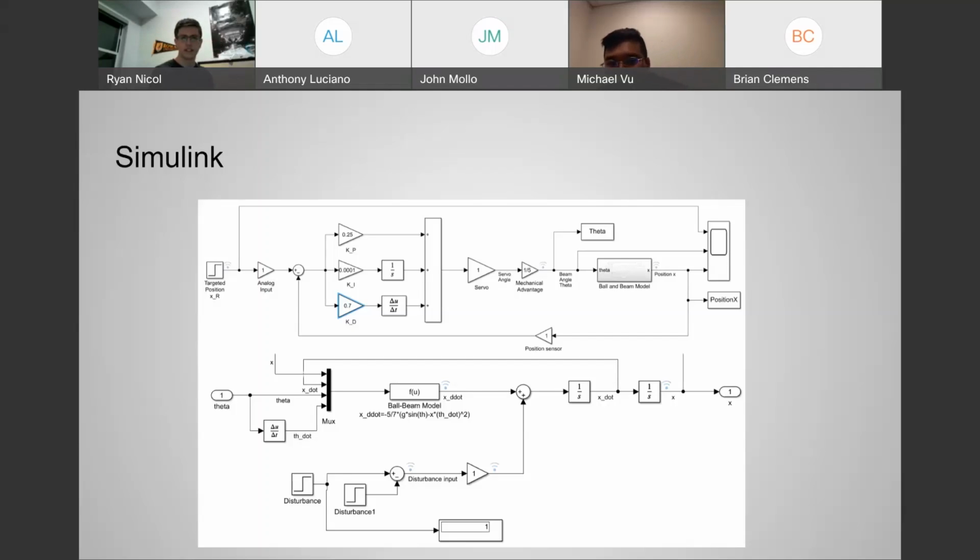And on the bottom, you can see the subsystem for the ball and beam model. And so with this Simulink diagram, we created our 3 plots, and each time we changed the initial position and the target position. And now we'll go to the plots.